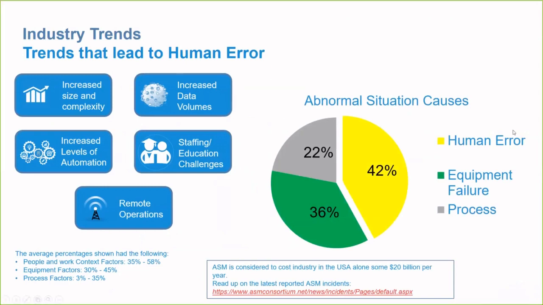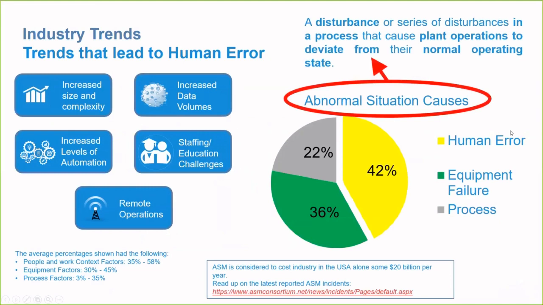So when we take a look at abnormal situations, the meaning behind that is essentially a disturbance or series of disturbances within that process that is causing the plant to deviate from its normal state.